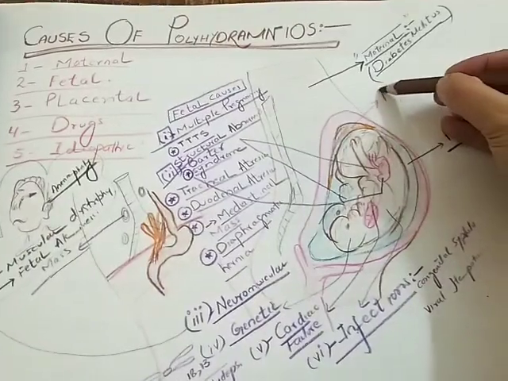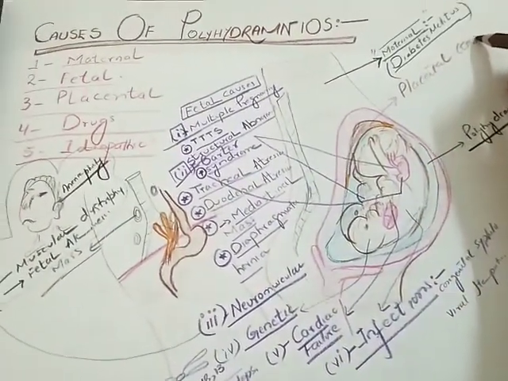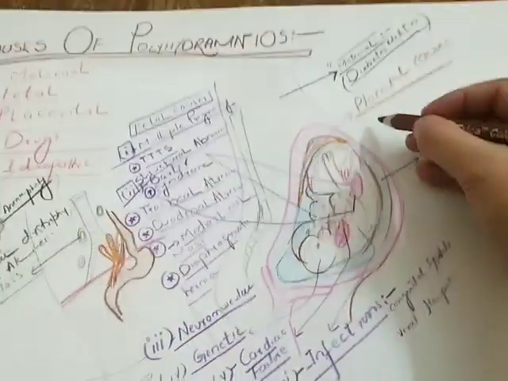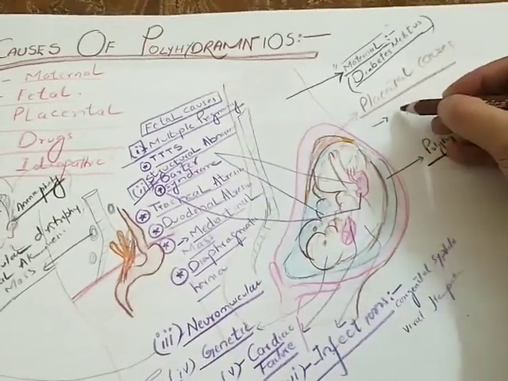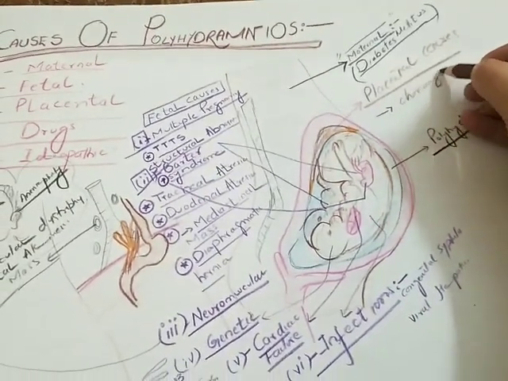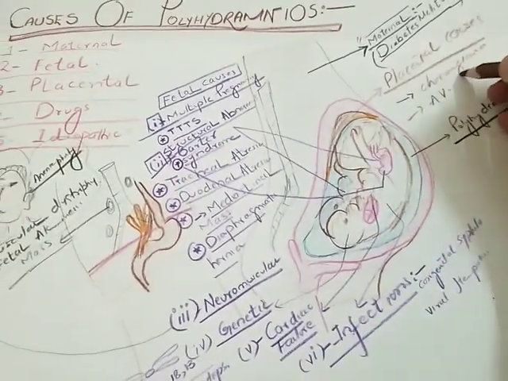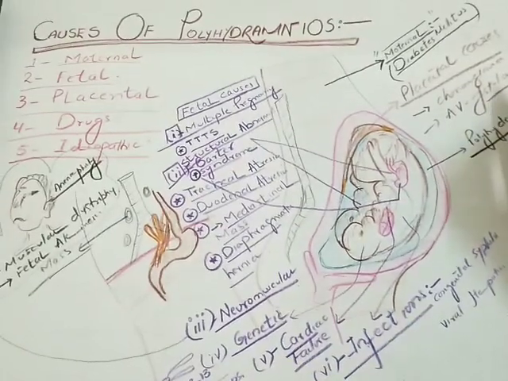Now coming to the placental causes. As I have told you, the third cause is that of placental. And what are the placental causes? Among the placental causes, we have chorioangioma and AV fistula. If we have AV fistula in the placenta, that can cause polyhydramnios.